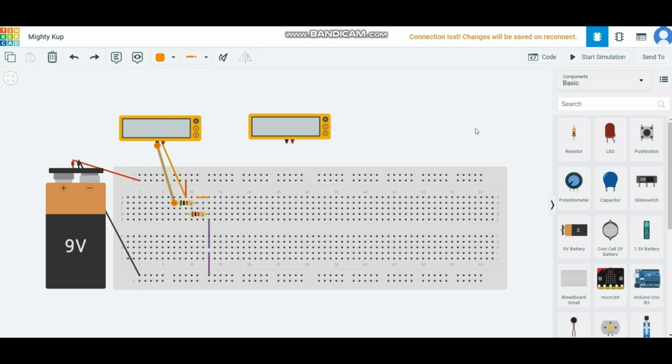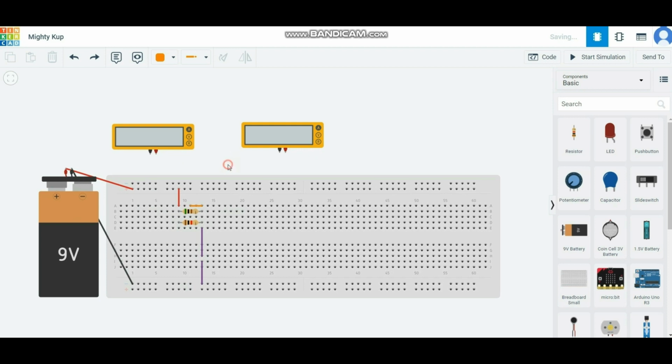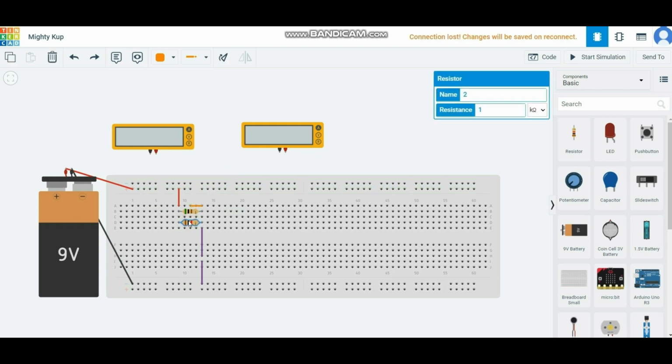Then to measure the current across resistor 2, we use the same method as to measure the current across resistor 1. We need to take out one of the legs of resistor 2 to measure the current.